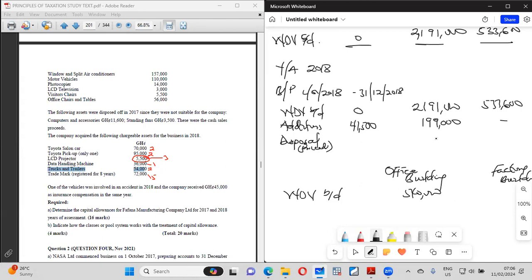So if the process is by fire and there was no insurance, you put 0 there. But this one that there is an amount to be received, it means that you put the 45,000. So it means at the end of the day, we can have our 41,500.